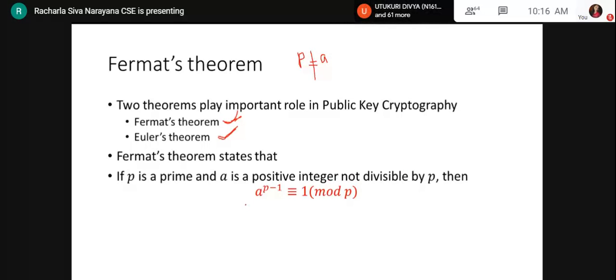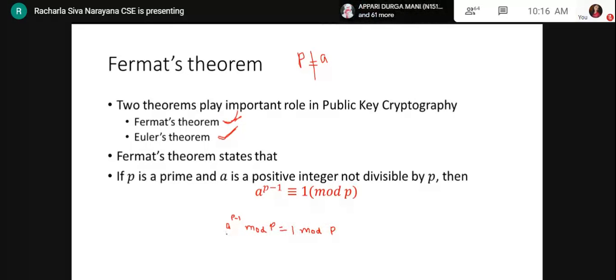Then Fermat's theorem says that A power P minus 1 is congruent to 1 mod P. So you know the congruence. The meaning of this congruence is that A power P minus 1 mod P is equal to 1 mod P. You already learned this property in the previous session.